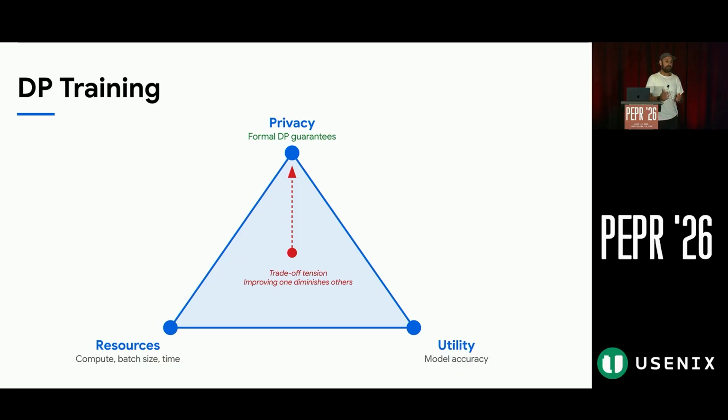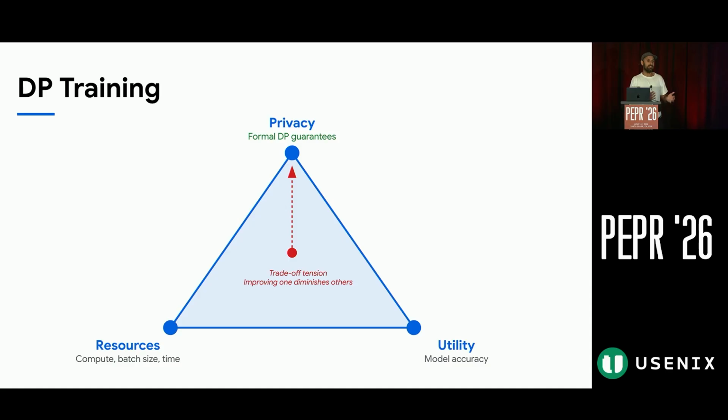Now I want to present one of the ways we can tackle this kind of problem, which is using differential privacy. What differential privacy means is the privacy of a single unit, which in this case would be an example. Adding this example doesn't change the output too much. That's basically what it means.